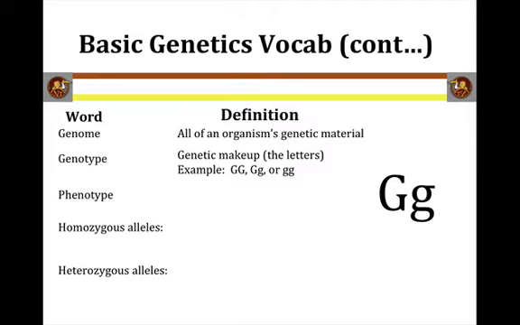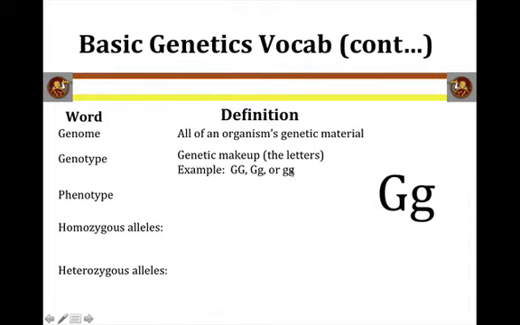Okay. Definition of genotype is the genetic makeup or the letters that we assign to certain traits. An example I'm using here is using the letter G. So we use both capital and lowercase letters, and more on that in a little bit. Right now, just get this down. Okay, we're going to say that this person has green eyes, or G codes for green. Okay, so this would say that this person has green eyes.